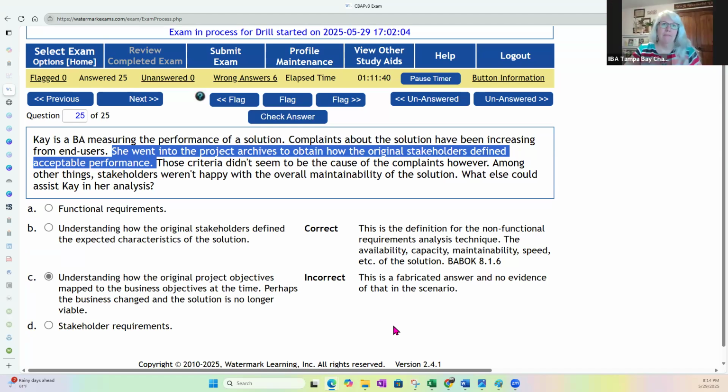But knowing this definition for non-functional requirements analysis would have saved us. It still kind of doesn't make sense, because, I'm sorry, I don't know your name, Mr. 5452, but basically because of what he said, that one sentence is kind of what B is saying, and that wasn't the cause of the complaint.